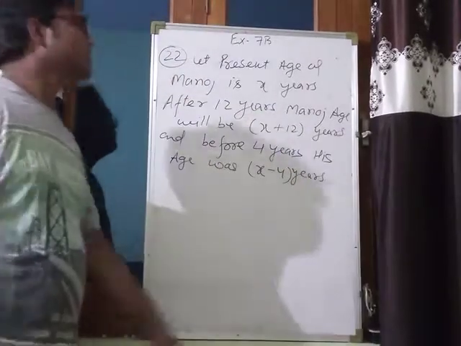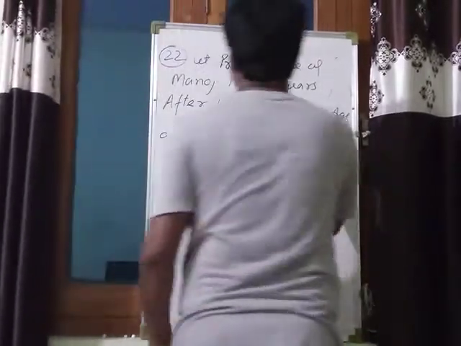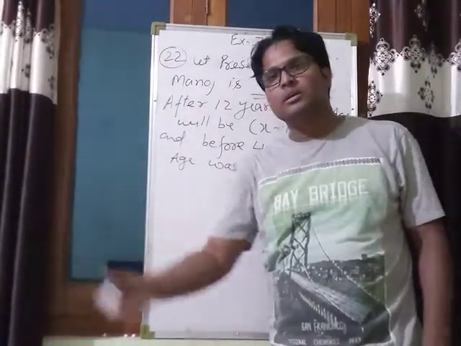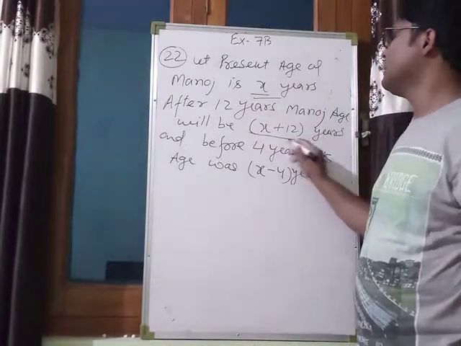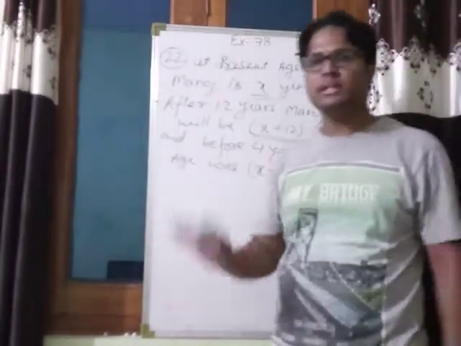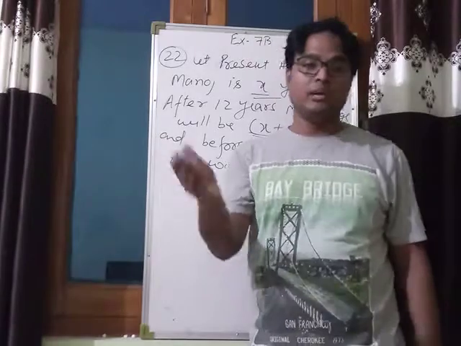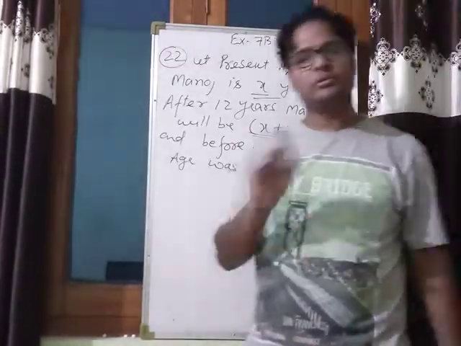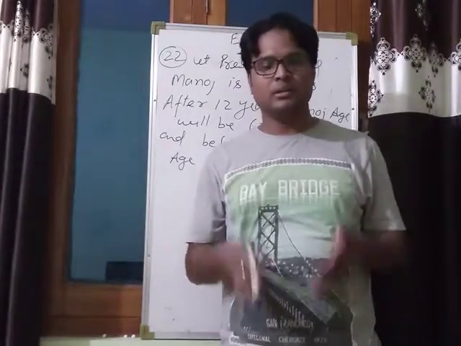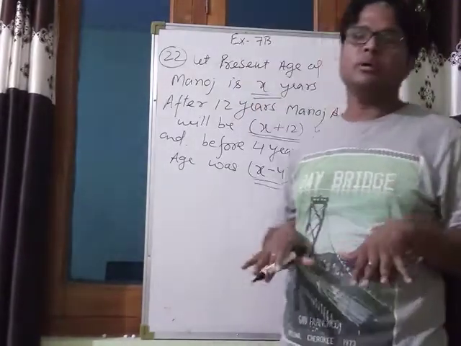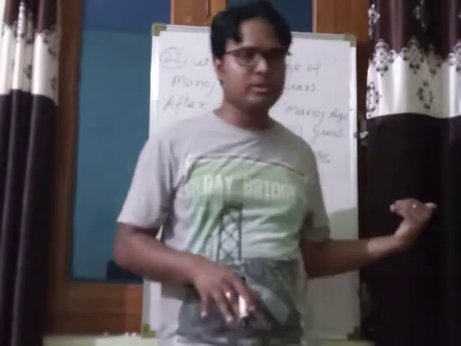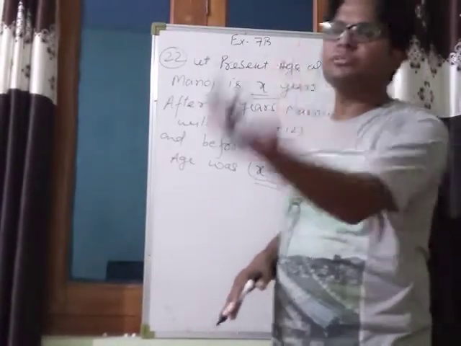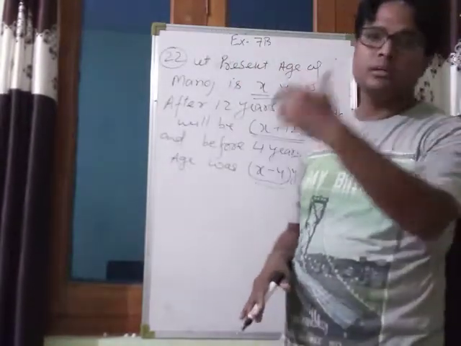Present age of Manoj is X years. Then after 12 years, his age will be, we add 12 to his age, X plus 12 years. And before 4 years, his age will be X minus 4. Today if I am 30 years old, then 4 years ago I was 30 minus 4, that is 26 years old.